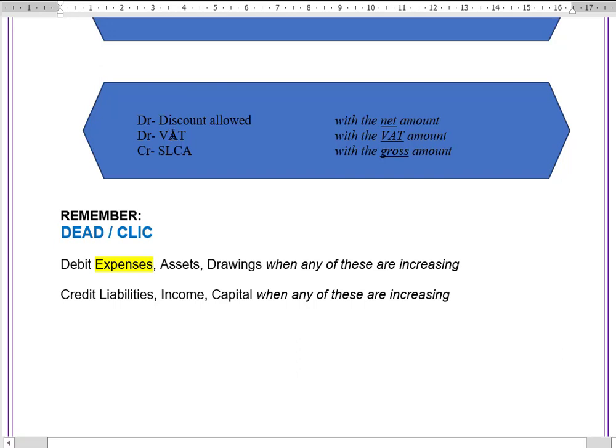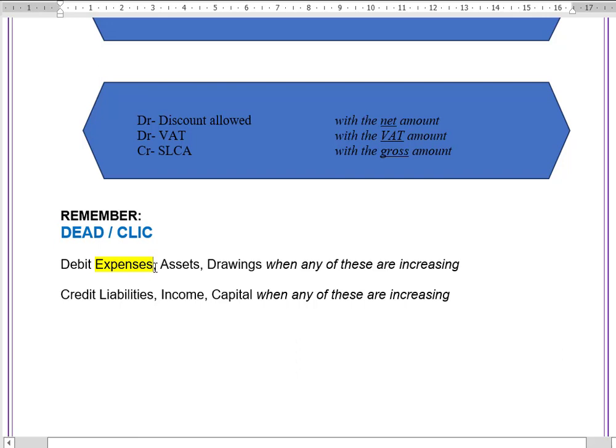All the VAT has been overcharged because that customer is not going to pay me the full amount. So the VAT element or the VAT proportion in that discount that has been taken has to now be reduced from the VAT liability.